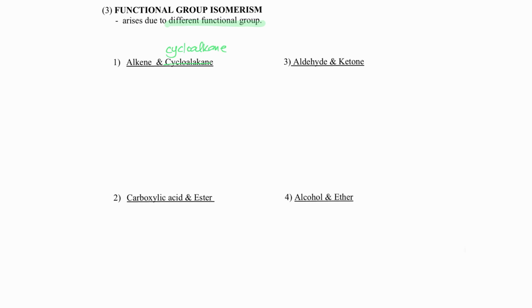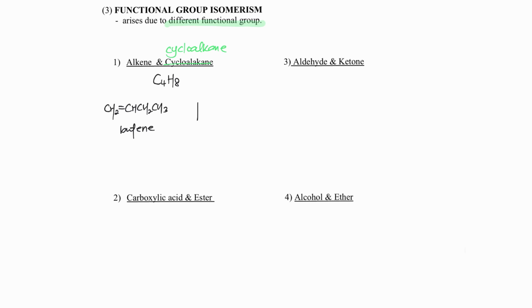So alkene. So we can have an example where we have C4H8. So with this molecular formula, we can have an alkene. So for example, we can have butene. So then next, we can have a structure for cycloalkane.